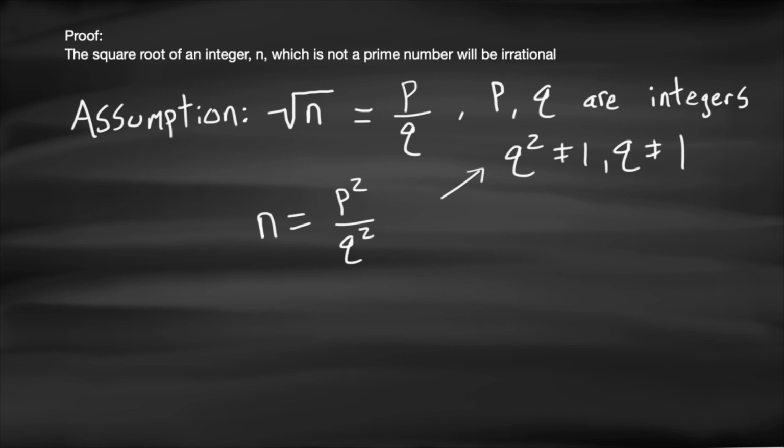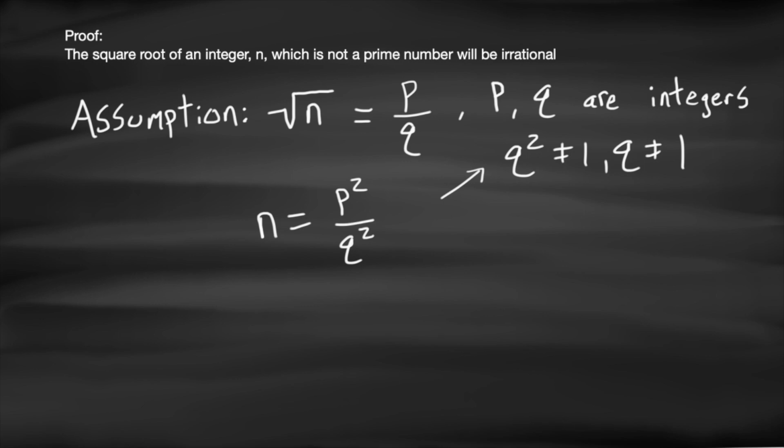If it was equal to 1, we would have a perfect square, which would mean that N is a perfect square and not a perfect square. So we don't allow Q to be 1. So we have N equals P squared over Q squared, where Q and Q squared cannot equal 1. And we know that the prime factors of P and Q don't equal.